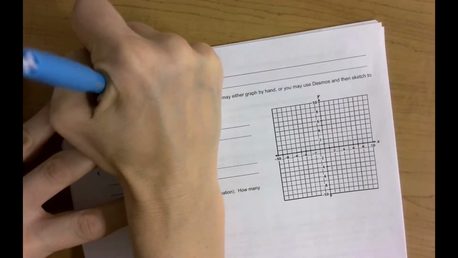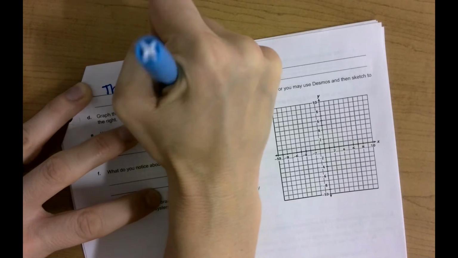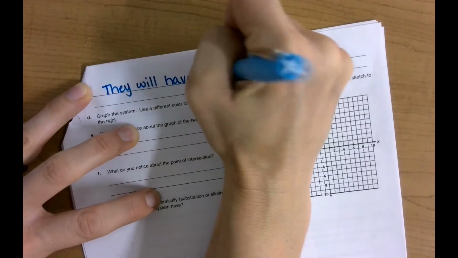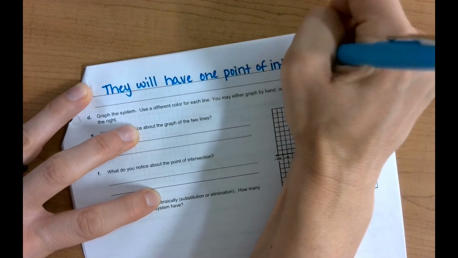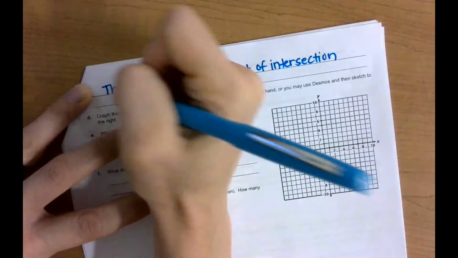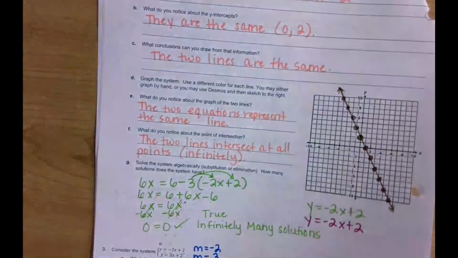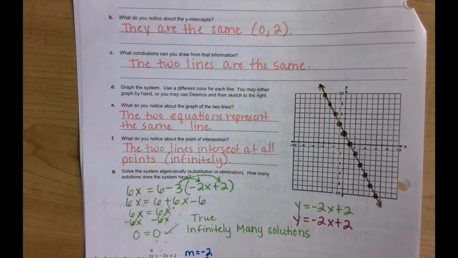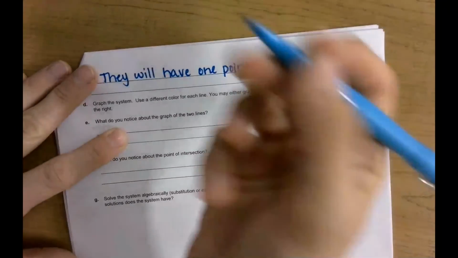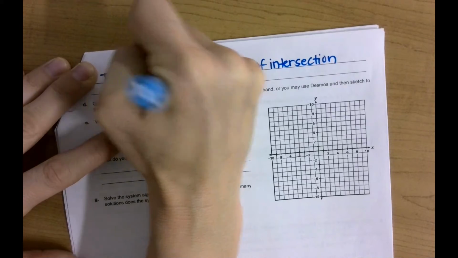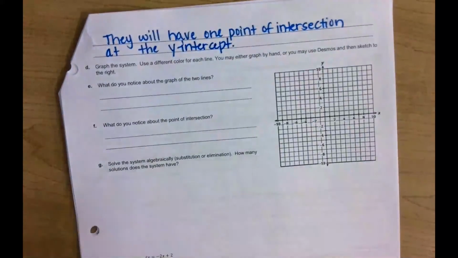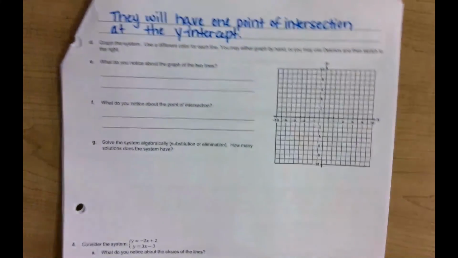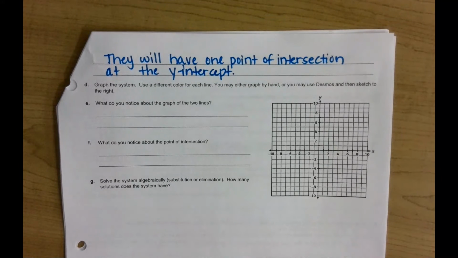So they will have one point of intersection. And if they both have the same y-intercept, then they're going to intersect on the y-intercept. But since they have different slopes, I know those lines are going to go different directions. One is negative and one's positive. So they're going opposite directions from each other, but they're going to intersect at that one point at the y-intercept.